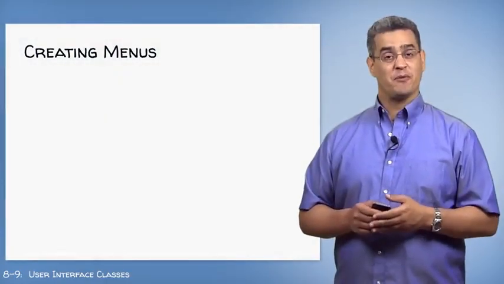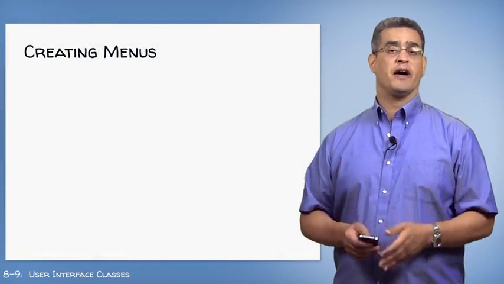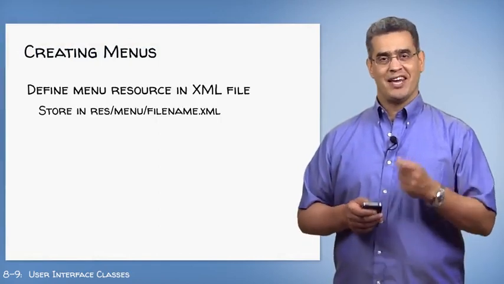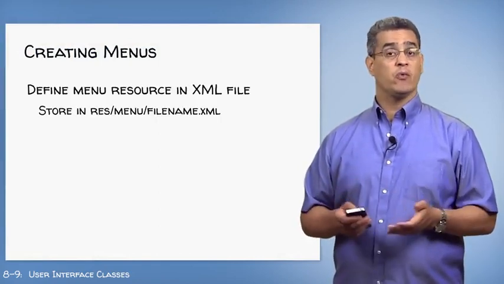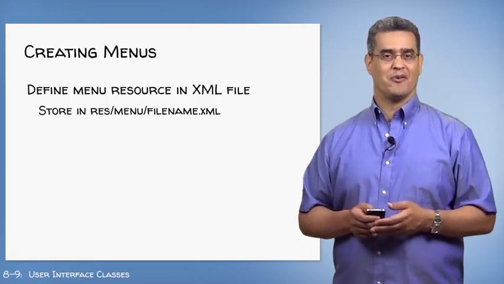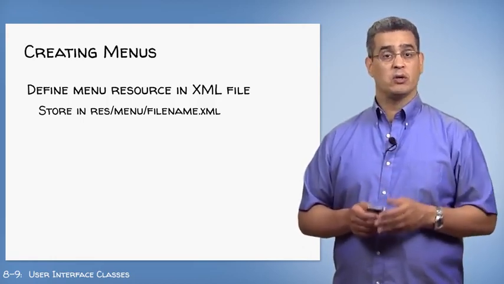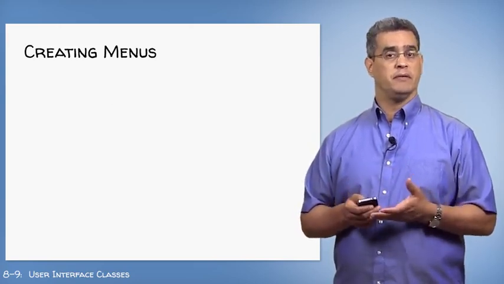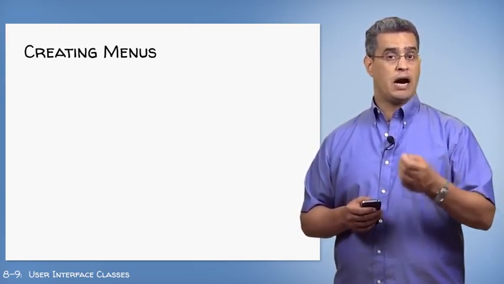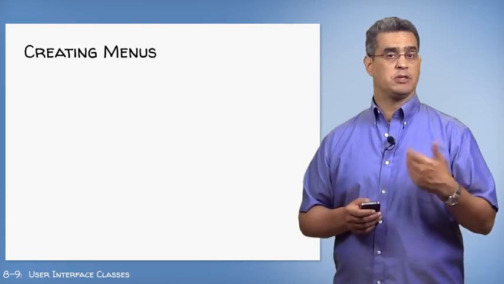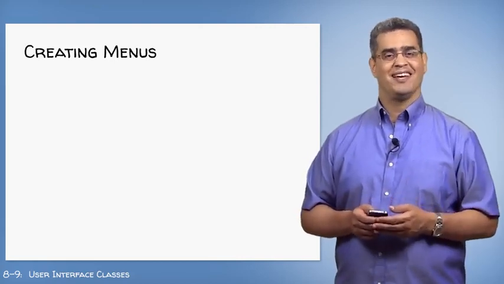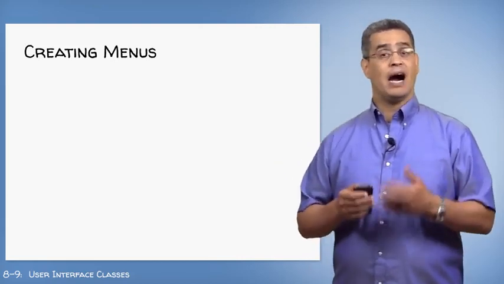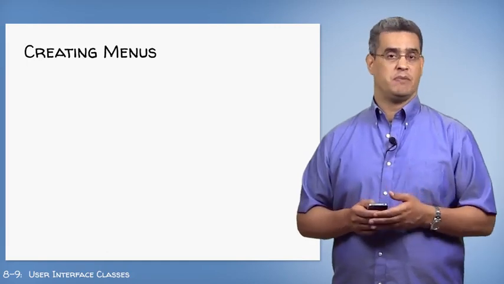Now in order to create the menus, you first define the contents of the menu in an XML file in the res/menu directory. When the user later opens the menu, Android calls a particular method, such as onCreateOptionsMenu for options menus and their submenus, or onCreateContextMenu for context menus.